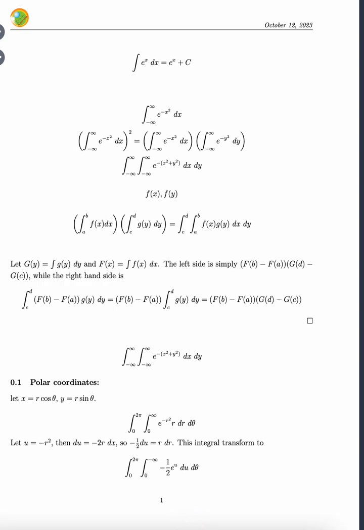Now from here, we simply have the integral from 0 to 2 pi of 1/2 times e to the 0 minus e to the negative infinity, and e to the negative infinity would just be equal to 0, d theta.